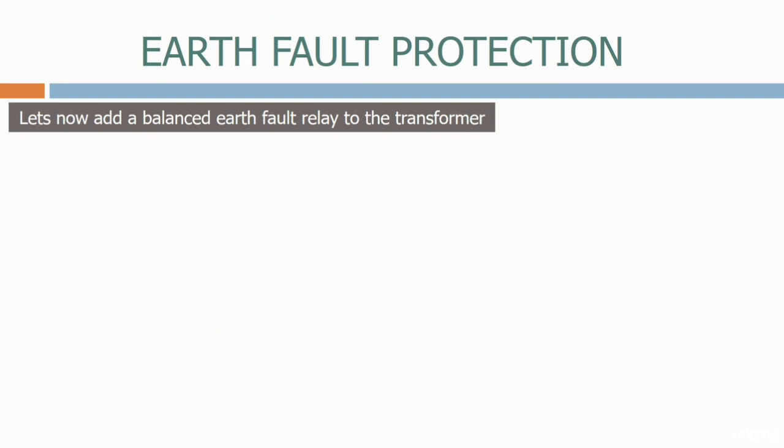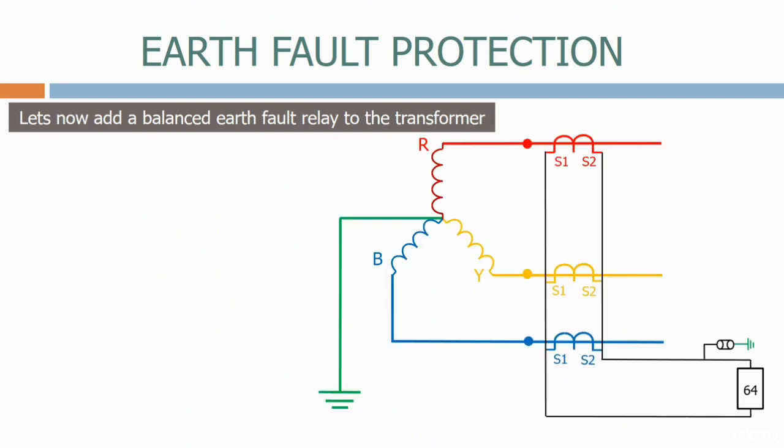Let's now add a balanced earth fault relay to the transformer. This is connected in the same way as before. Let's now energize the transformer. With no fault present, all the currents are in balance, and no spill current flows into the earth fault relay. Let's now apply a fault to the red phase conductor.